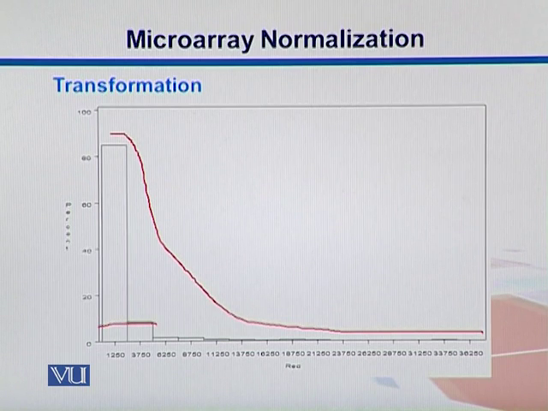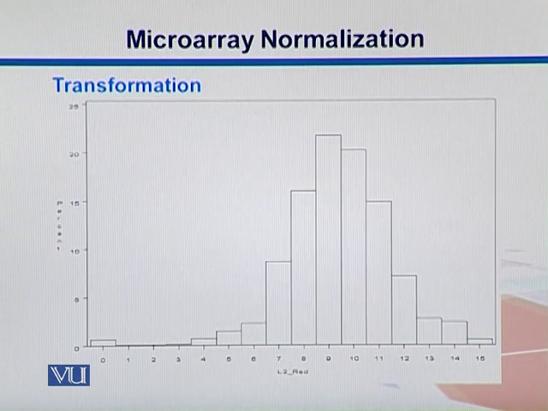So when you take all those expression values and plot them in this graph, those raw values look like this. What if you normalize them in log2 scale? Here we take the values coming from red and plot them in log2 scale, and we see a pretty fair, normal distribution.